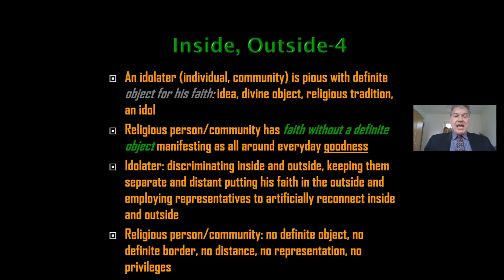Something fixed and standardized. That's how you recognize an idolater. Okay? A truly religious person or a community has faith without definite object. Okay? Without fixations, without standardizations, or as little as possible of any of these.